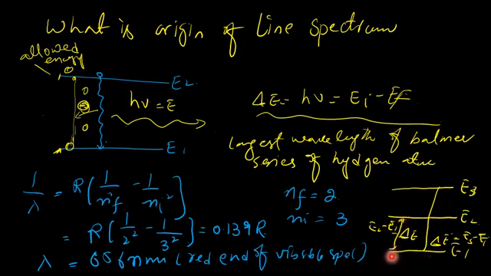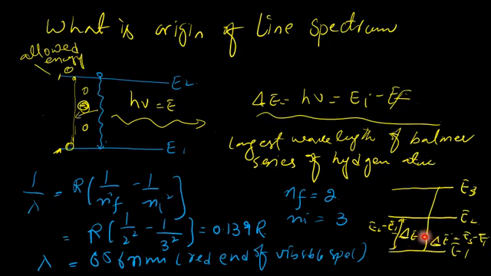A small energy difference corresponds to a small frequency and longer wavelength, and a large energy difference corresponds to a large frequency and correspondingly small wavelength. As wavelength and frequency have an inverse relation, the red line has the longer wavelength and small frequency.